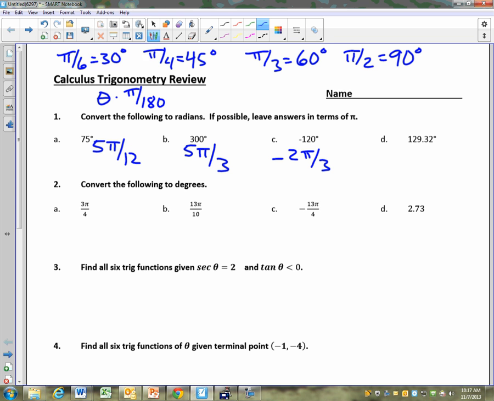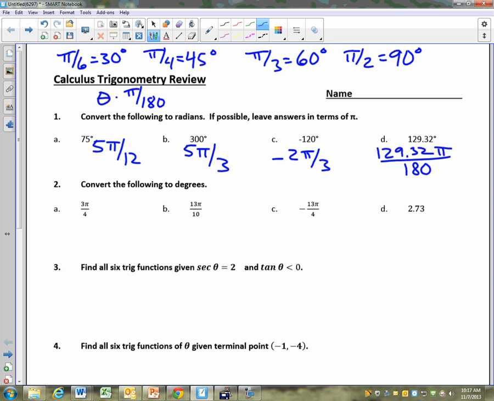So, we love it. And then what if we were to do something like 129.32? What would you do there? You just have to take 129.32 times pi over 180. So you take 129.32, divide by 180 and multiply by pi.